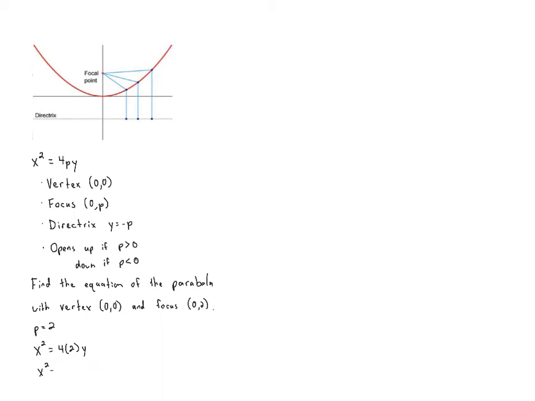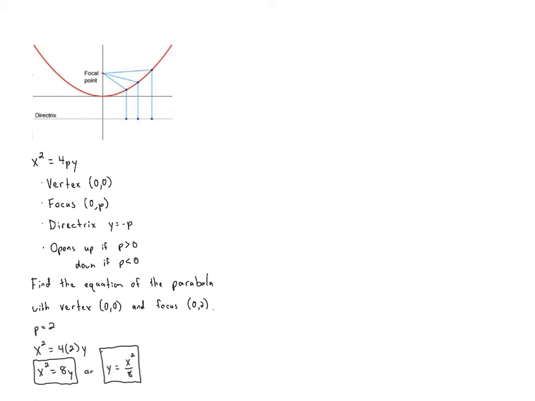So we get x squared equals 8y. Or, if we want to solve for y, we can divide both sides by 8, and we get y equals x squared over 8. Both of these are perfectly valid answers, and we might prefer one or the other for a particular reason if we're doing an application problem, but either one of these is perfectly fine for what we have now.